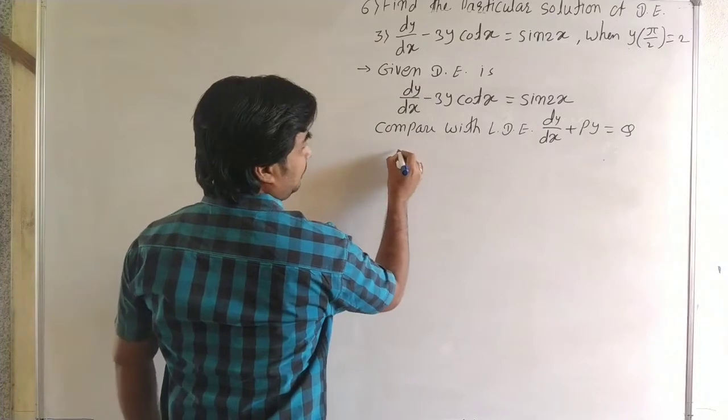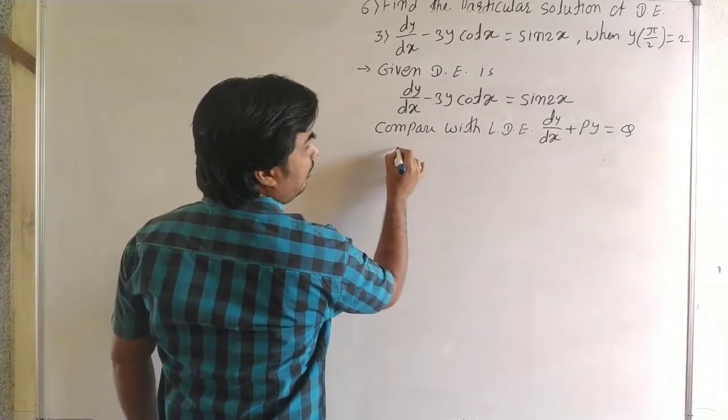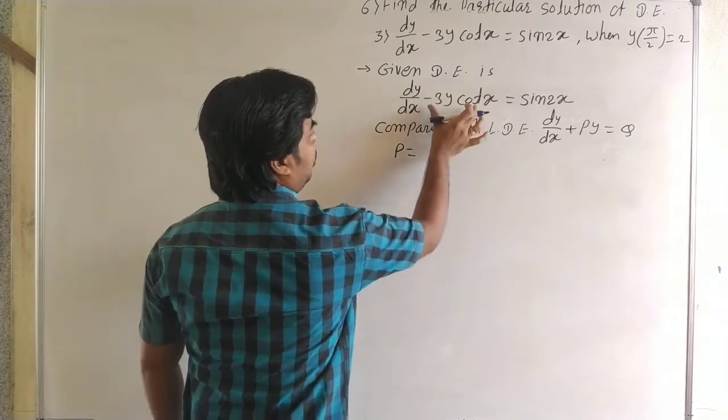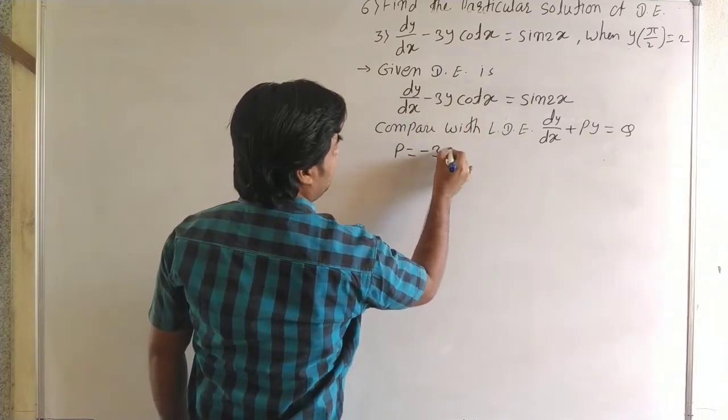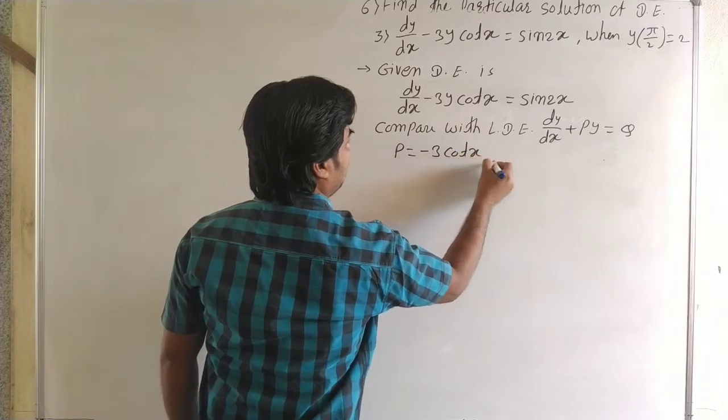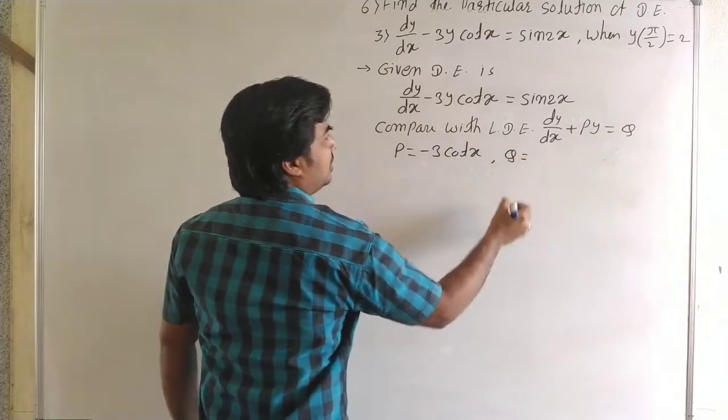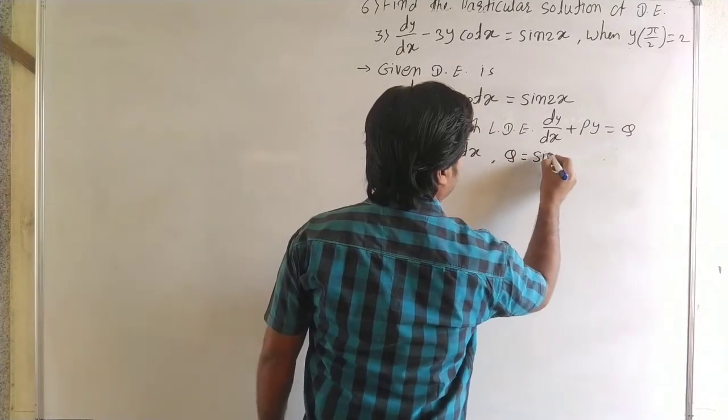Therefore p is equal to, see carefully, p is the coefficient of y, and the coefficient of y here is minus 3 cot x, and q is equal to sin 2x.